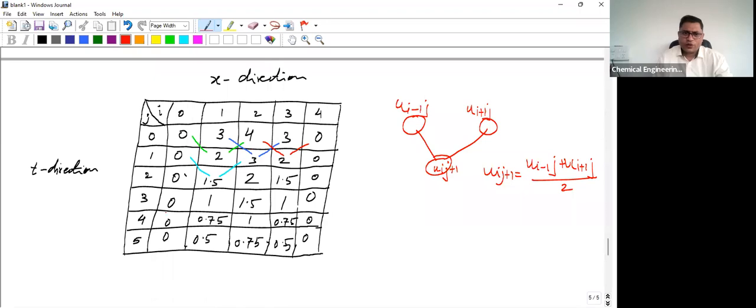Once we know these values, you can use the 3-point formula and then calculate all the values in between. So is there any doubt?